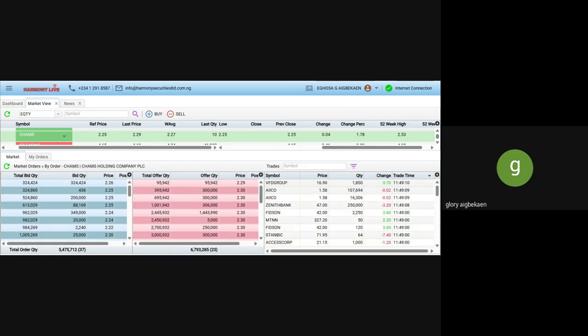So if you can get it to buy around 2 naira or maybe less than 2 naira, you are good. Just wait, and you sell at 2 naira 30 kobo. Don't allow it to pass that place before you sell. That's about 15%. You remove your charges, both buying and selling charges, you're likely to get about 10%.